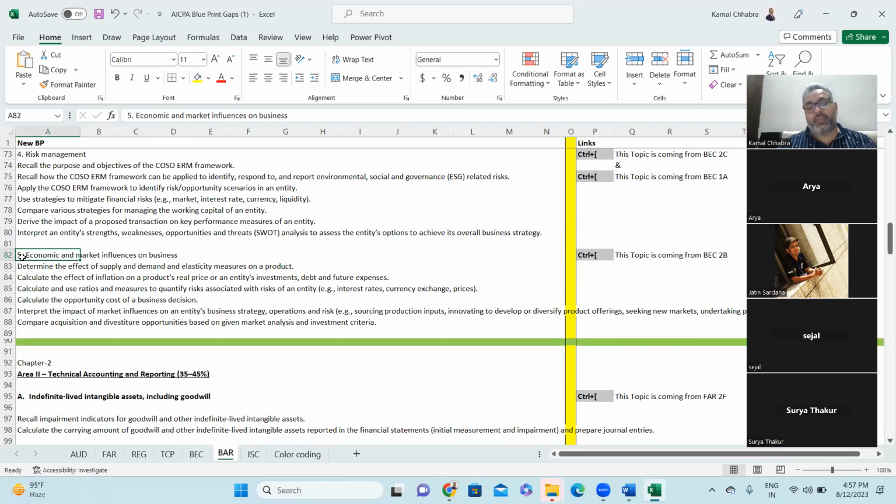Or demand and supply of the product may also not be in your hand. Those are external factors on which you do not have any control. How they influence your businesses and how you need to be careful in mitigating those kinds of risks, we'll be studying in economic and market influence on the business.